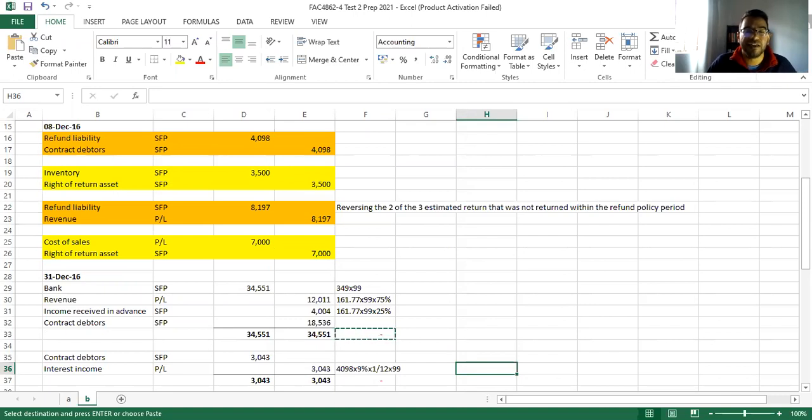Okay, so we saw it did. Then on 31 December, nothing was mentioned, but we know on 31 December payments take place. So therefore, recognize the payment and the necessary accounting treatment as a result of the payment. Now, not forgetting that there was a significant financing component, we need to recognize the finance income.